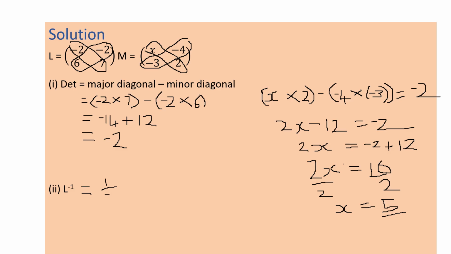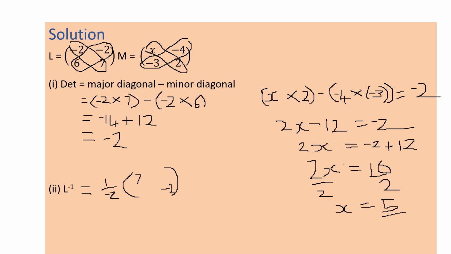We are not replacing with the value of x, but with the determinant. Then in matrix L, in the major diagonal, you swap the numbers. So here when you swap, we have 7 here. Then -2 will be here.